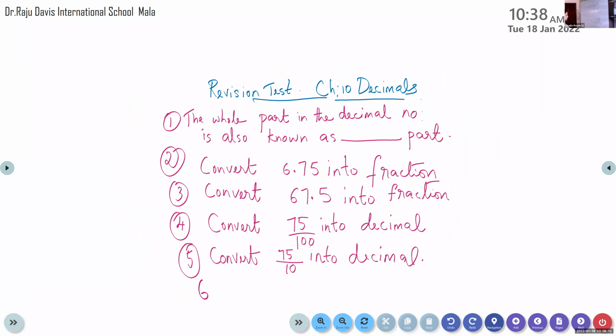Question number 6. Read only 6 questions now. Write the question, write the answer faster.